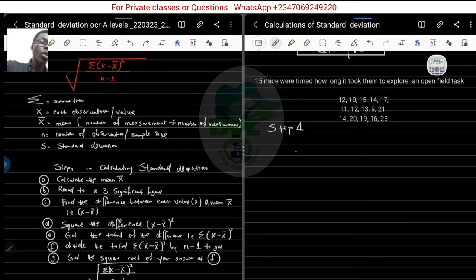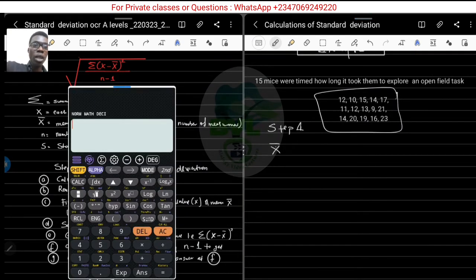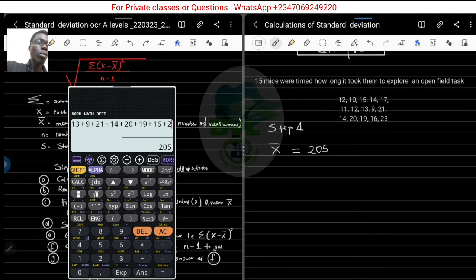Step one is to find the mean. So the mean is going to be x bar. You're going to add all of these together. I want you to do the same thing where you are. I'm going to bring out my calculator. So for me, we have 12 plus 10 plus 15 plus, and so on. Then how many of these do we have? 1, 2, 3, 4, 5. So 5 in 3 rows, that's 15.